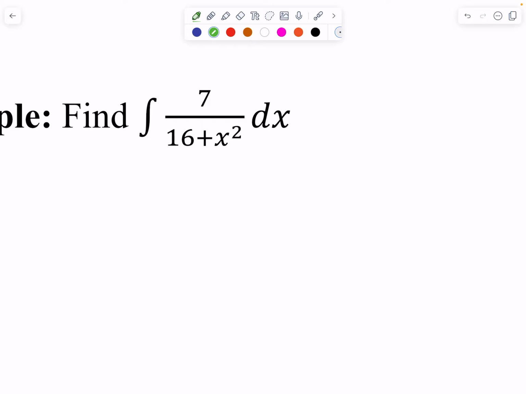So like if I were just presented with this integral, I would think, okay, I can't use power rule. Like I can't rewrite that easily to use power rule. And then I think, okay, well, can I do a u sub? Well, what would I let u equal to? I'd probably want to let u equal to the denominator, but then the derivative would be 2x, and that wouldn't cancel anywhere. So we can't do a u sub. So then I think, okay, well, this does kind of look like the derivative of arctangent.